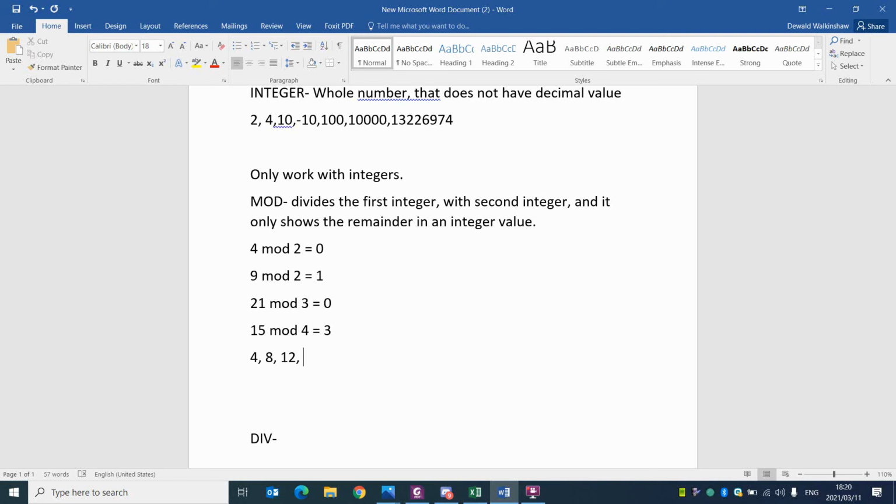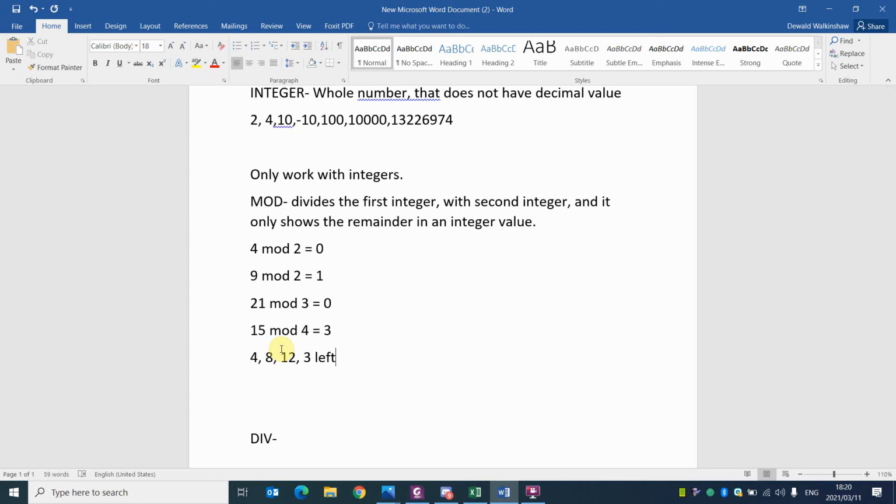So how many is left over? What is 15 minus 12? You are stuck with only 3, so 3 is left. So it can go into it 3 times, and then there's a remainder of 3.